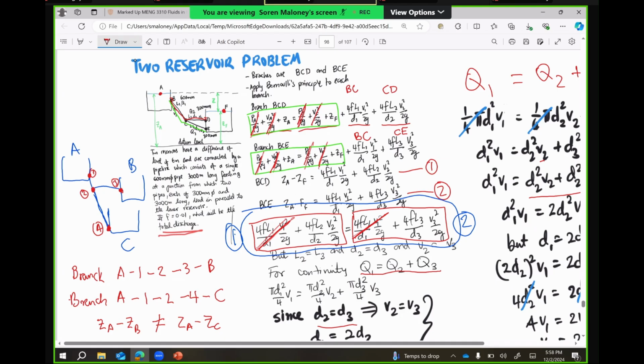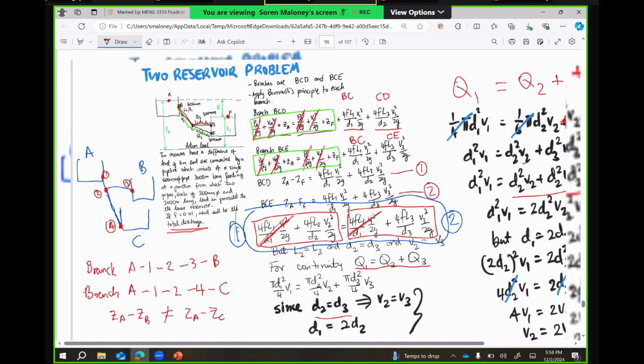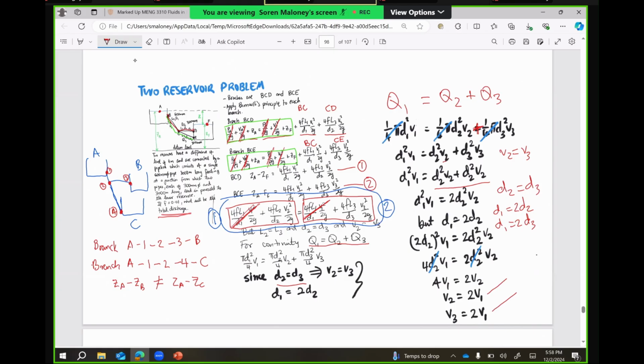And that will take us to our next problem. If we are going between two reservoirs, these can be parallel branches. Even if this pipe was to split into a third line, those three branches would all be parallel because they're going between the same two reservoirs.